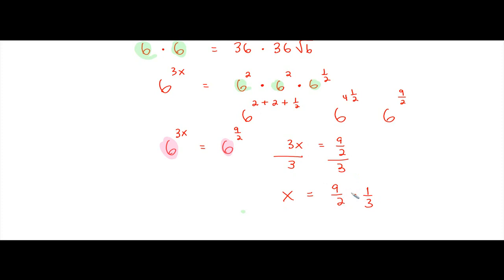So 9 over 2 times 1 over 3, that's going to give us, I believe, so the 3's divide out here, and then that'll give me 3, so we get 3 over 2, right? So our final answer is going to be x is equal to 3 over 2, okay?